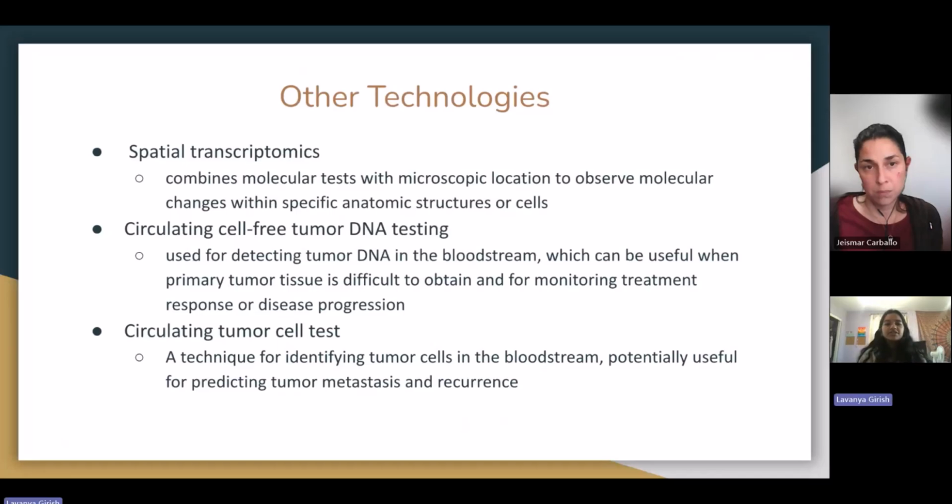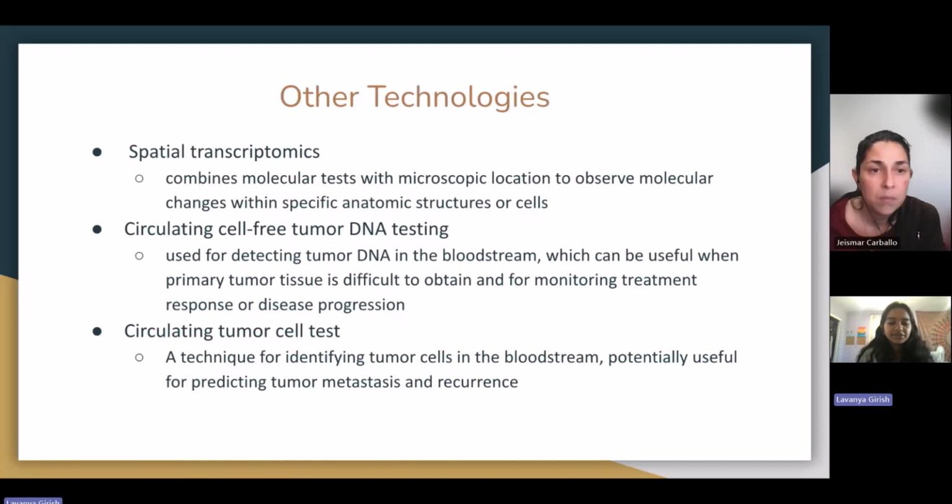Some other technologies that were mentioned were spatial transcriptomics. It combines molecular tests with microscopic location to observe molecular changes within specific anatomic structures of cells. And then circulating cell-free tumor DNA testing is used for detecting tumor DNA in the bloodstream, which can be useful when primary tumor tissue is difficult to obtain, and is also helpful for monitoring treatment response or disease progression.